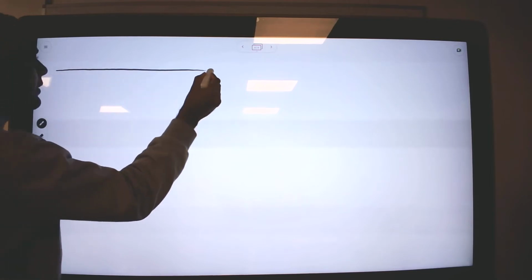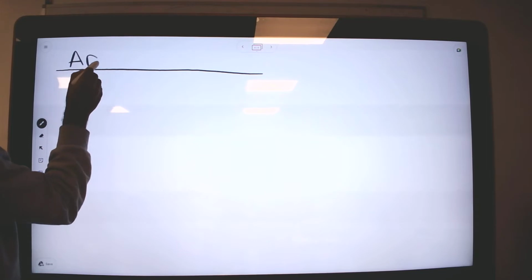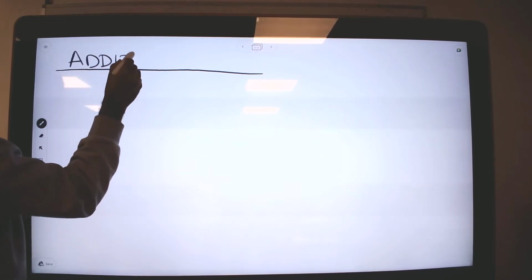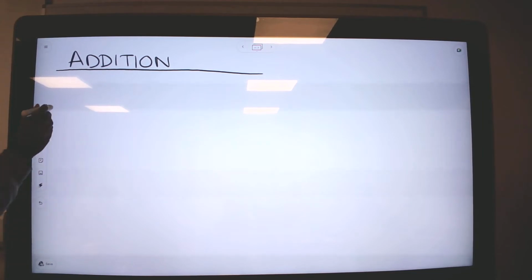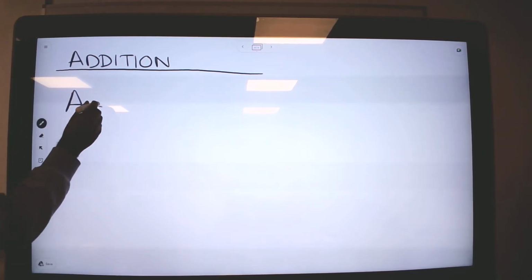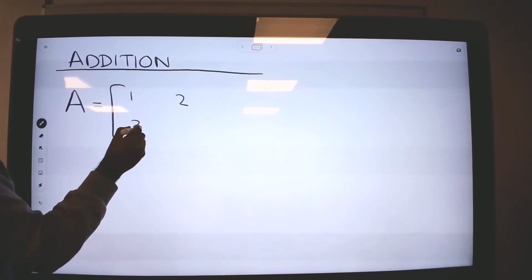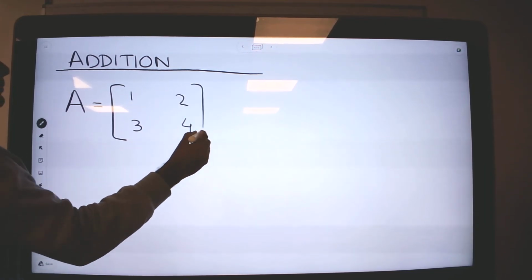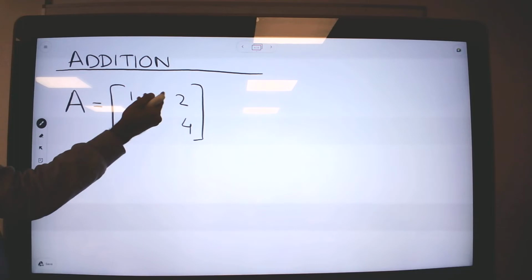Now, let's say I have 2 matrices. Matrix A, which is 1, 2, 3, 4. I'm writing the matrix row wise, 1, 2, 3, 4.